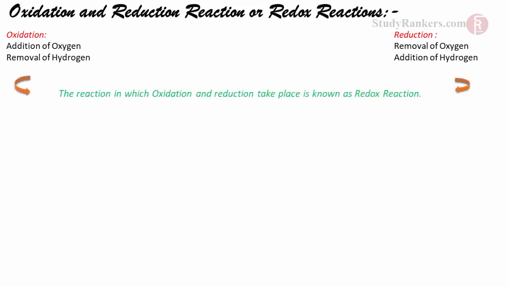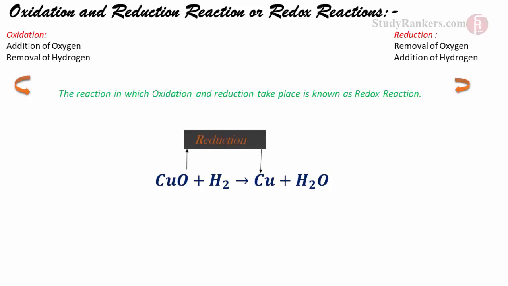Here is an example of redox reaction. Copper oxide is reacting with hydrogen gas and forms copper metal and hydrogen oxide. Here is the chemical equation of the reaction. CuO plus H2 gas gives Cu and H2O.